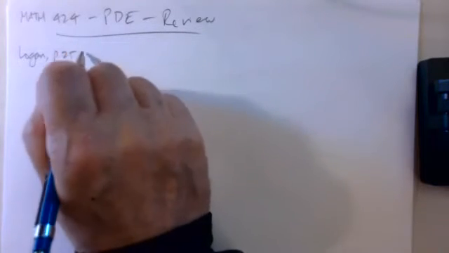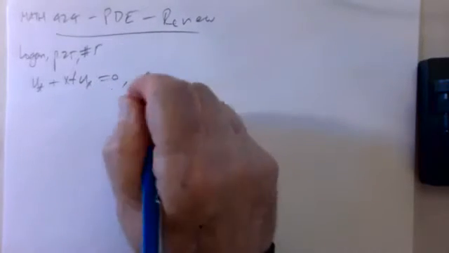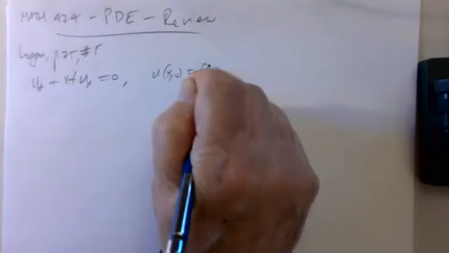Right, number 5. Okay, so we have the initial value problem, u sub t plus xt u sub x equals 0, and some initial condition, u of x at time 0 is f of x.